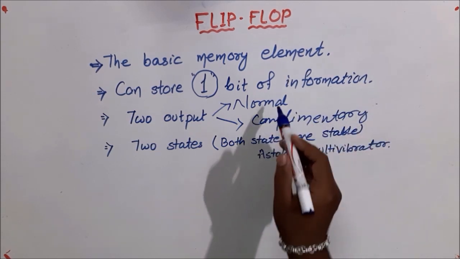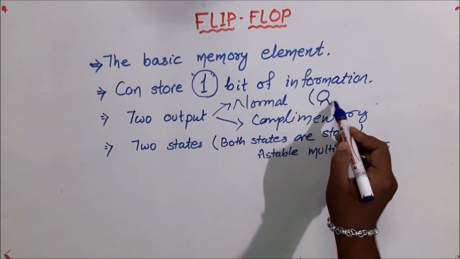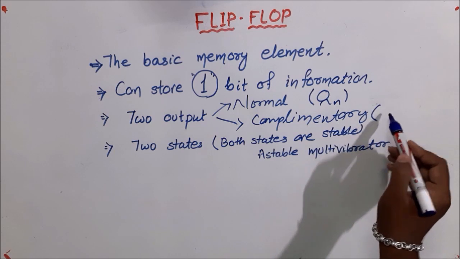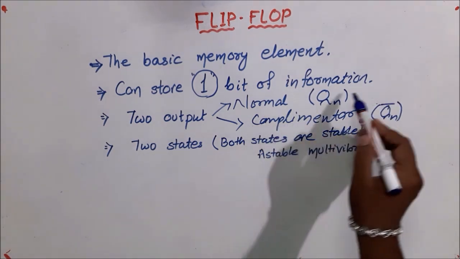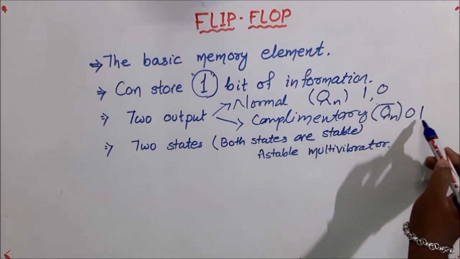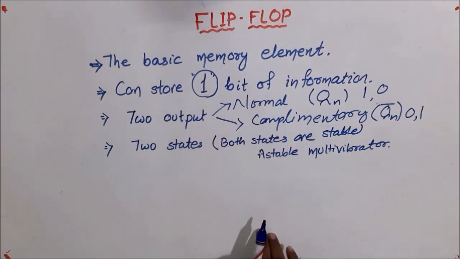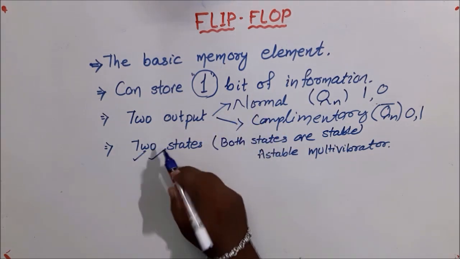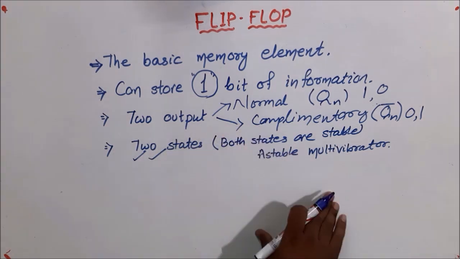Whatever you get in the normal output, let's name it Qn, and the complementary output is Qn complement. So if you get 1 here, you get 0 here, and if you get 0 here, you get 1 here, and vice versa. Each flip-flop has two states, very important, and both the states are stable.